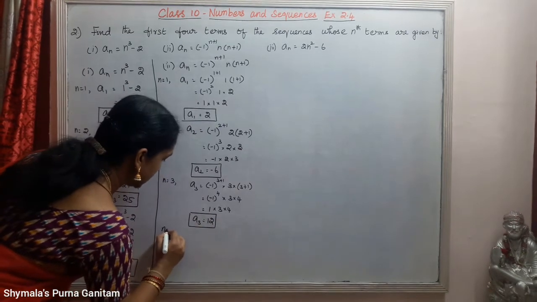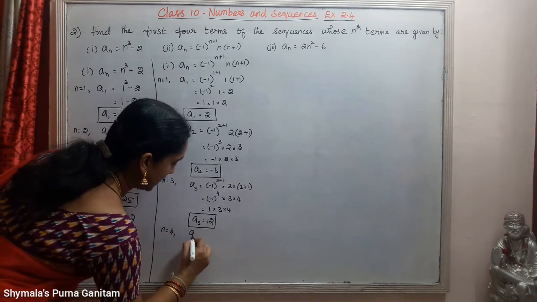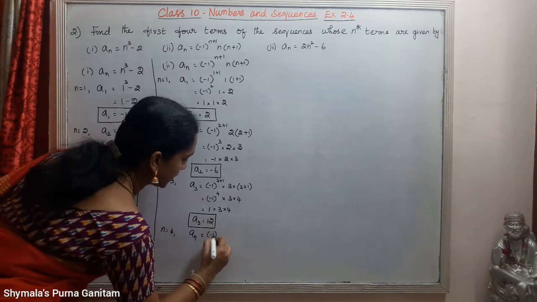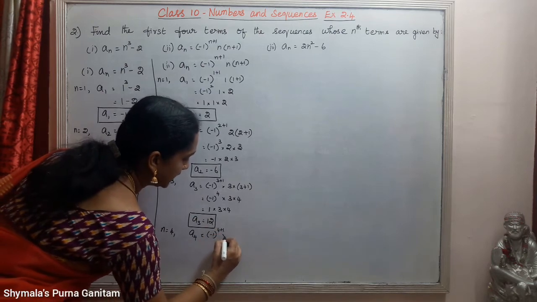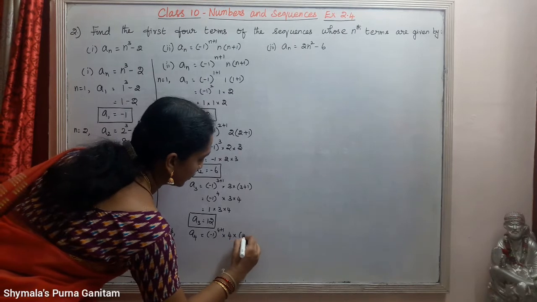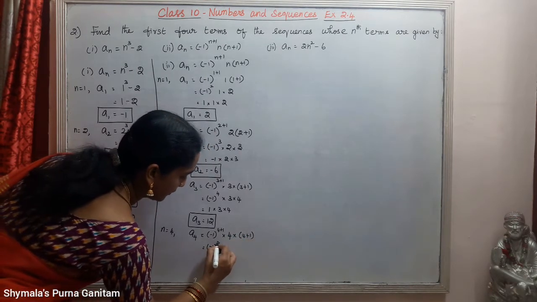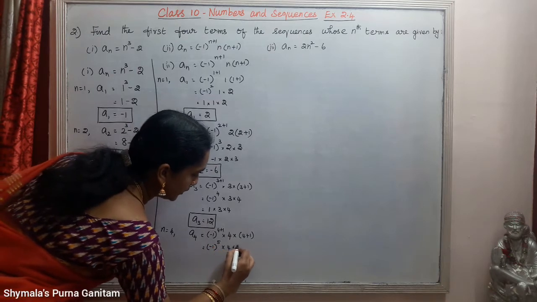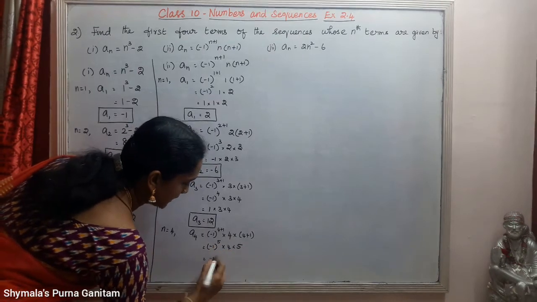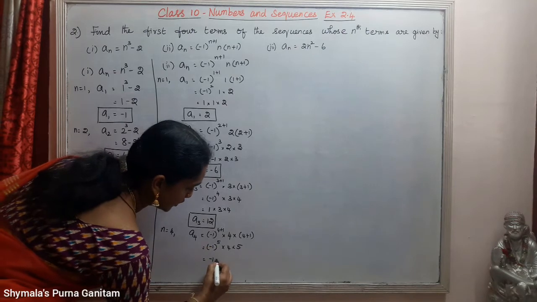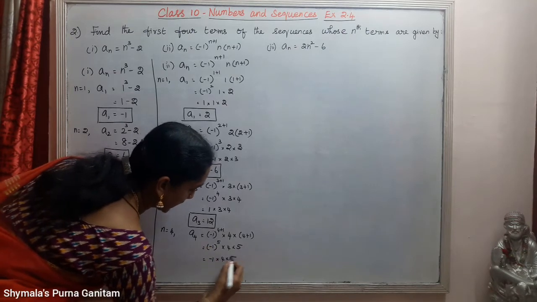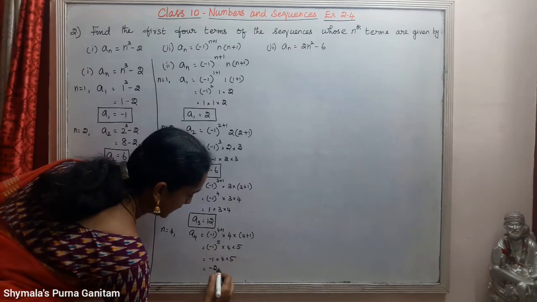Then n is equal to 4. So a4 is equal to (minus 1) whole power 4 plus 1, into 4 into 4 plus 1. So this is equal to (minus 1) whole power 5 into 4 into 5. So this is minus 1, odd power. So minus 1 into 4 into 5 is equal to minus 20.